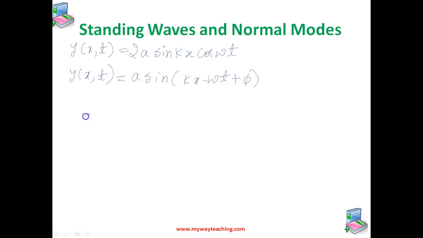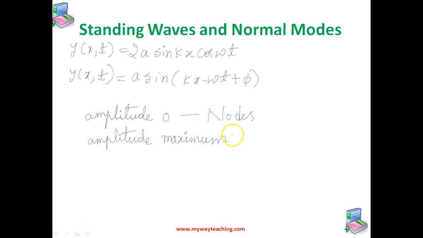Where amplitude is zero, we call them nodes. Where amplitude is maximum, we call them antinodes.